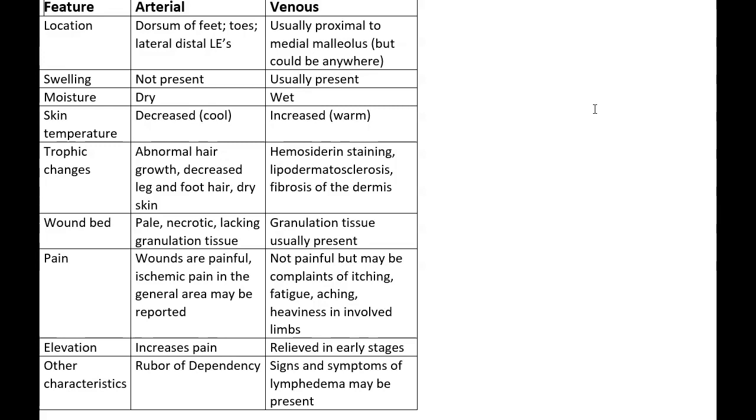Now, I had someone, a Wheeling Jesuit student, argue with me about this. What I'm going to say is that arterial wounds are generally associated with pain more so than venous wounds. So if you had to answer the question, which wounds are painful, arterial or venous, the answer would be arterial.